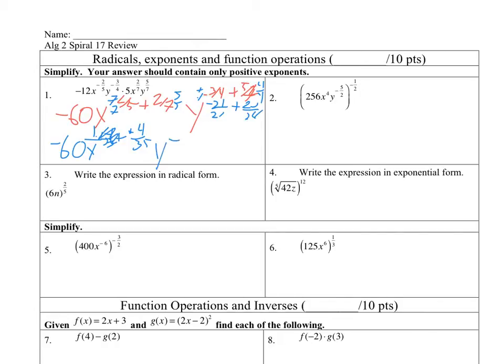That'd be y to the negative 1 over 28. To make it positive, I'm going to put that under 1 rather, and I get a final answer of negative 60 times 1 over x to the 4 35ths times 1 over y to the 1 over 28.